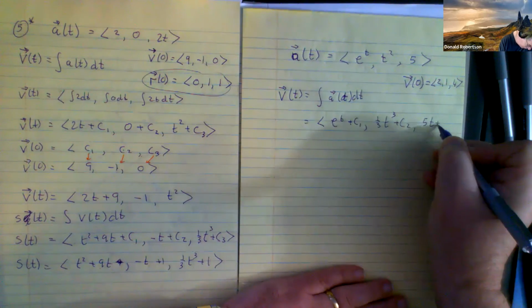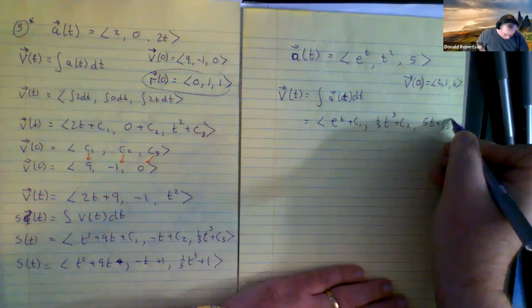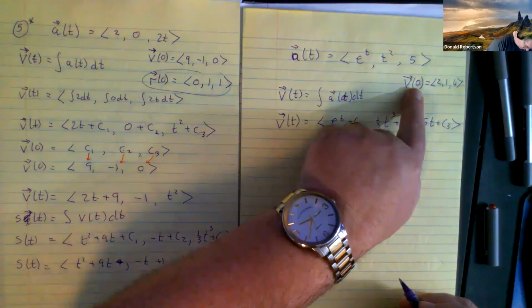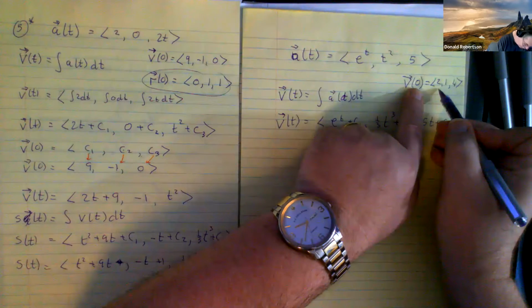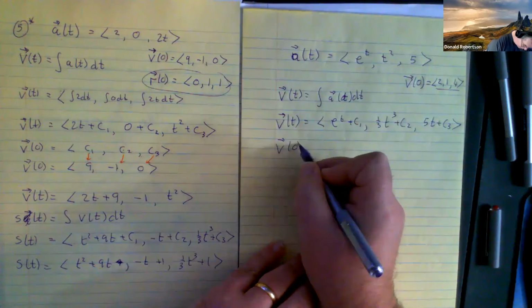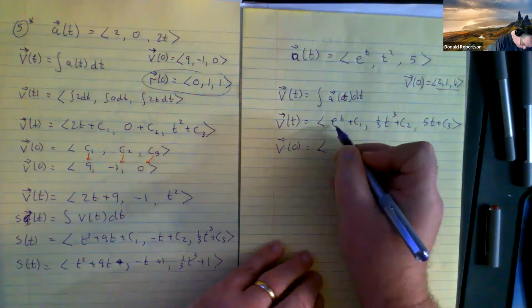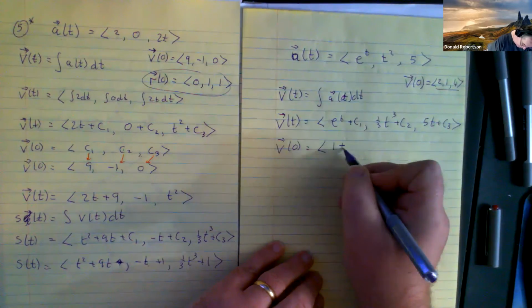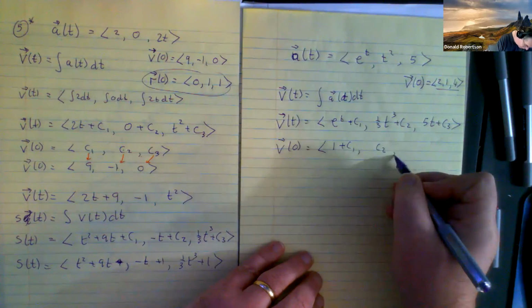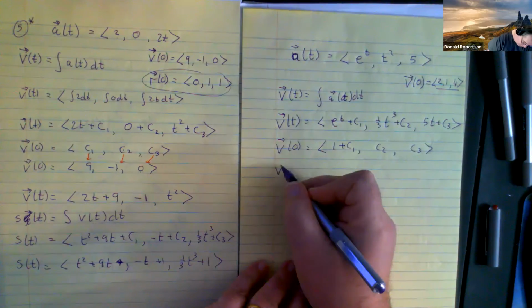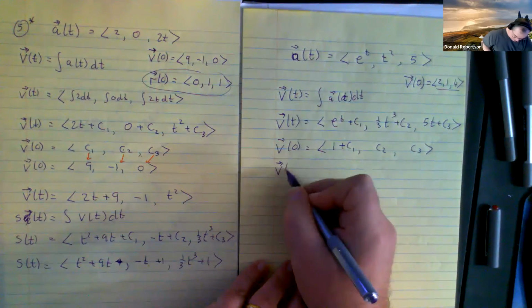So there's your velocity vector. The velocity at 0 is this guy. So if I find the velocity at 0 using this formula, e to the nothing gets you 1 plus C1. That guy gets you C2, and that guy gets you nothing plus C3. And we know that the velocity vector at 0 is also 2, 1, and 4.